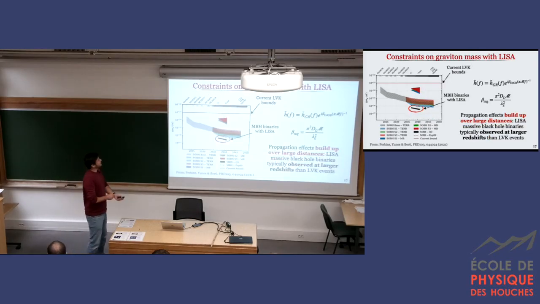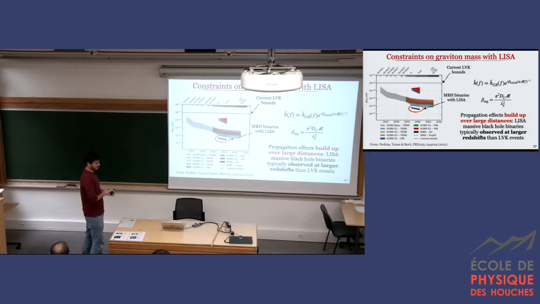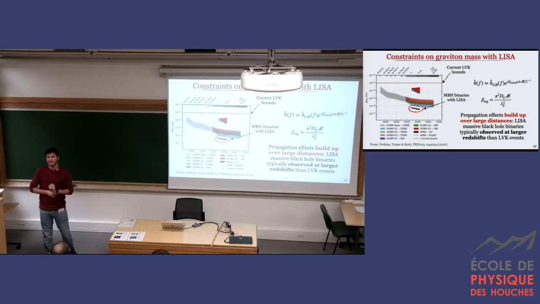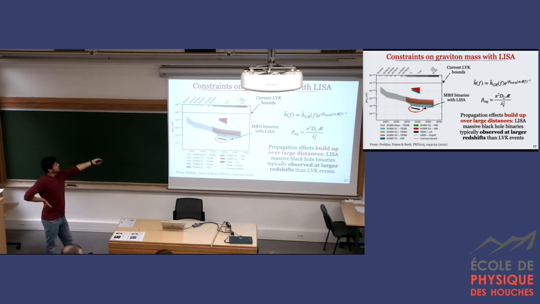For the massive graviton, because these are the two examples that I gave, the dipolar emission and the massive graviton are also the ones that you see the most in a lot of LVK papers, for example. And this is also a particular example where LISA can do much better than LIGO. In this case, this is a similar plot where the current LVK bounds are essentially in the 10 to the minus 23 electron volts.